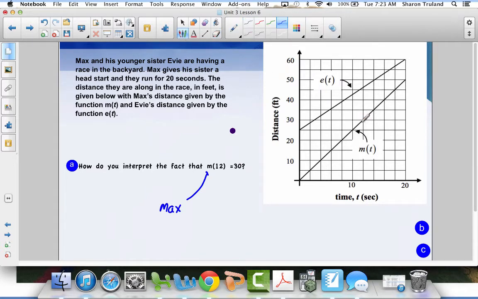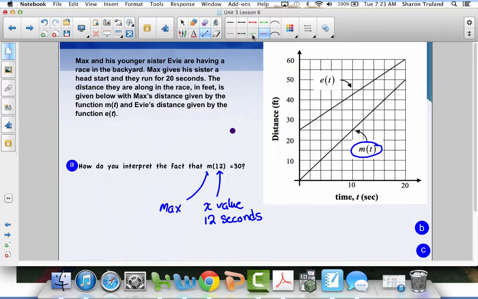So we are looking at Max right here. And then, do we really understand that this is the x value? And in this case, the x value represents seconds. So this represents 12 seconds. So basically, it's asking, where is Max at 12 seconds?